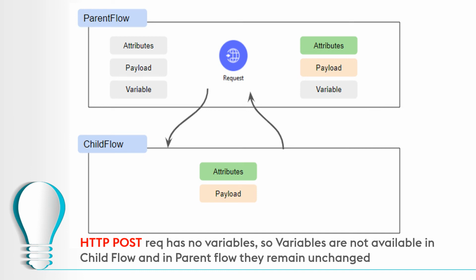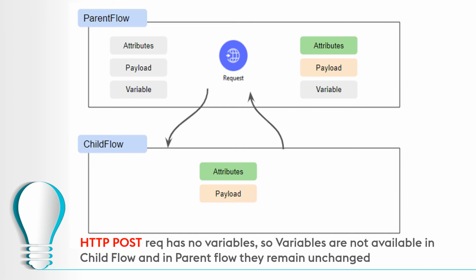And when you are creating an HTTP request for your child flow, you are replacing attributes and payload while sending it to the child flow. So in HTTP request, within your next flow, will your original attributes and payload be accessible? No. Here only updated attributes and payload are accessible.